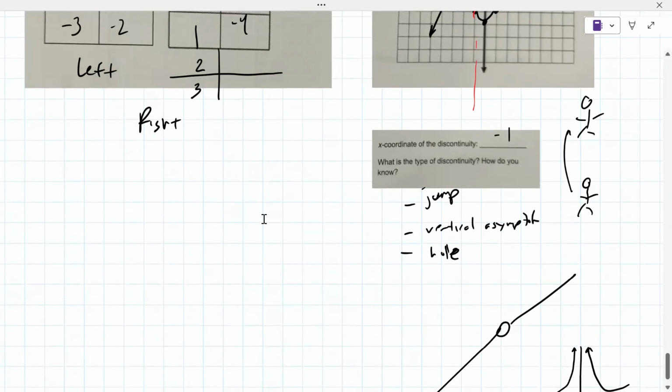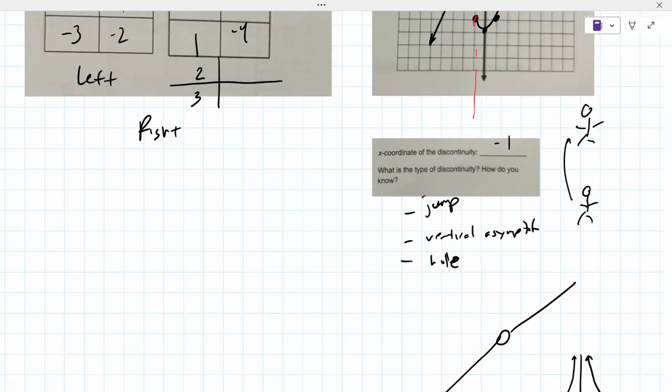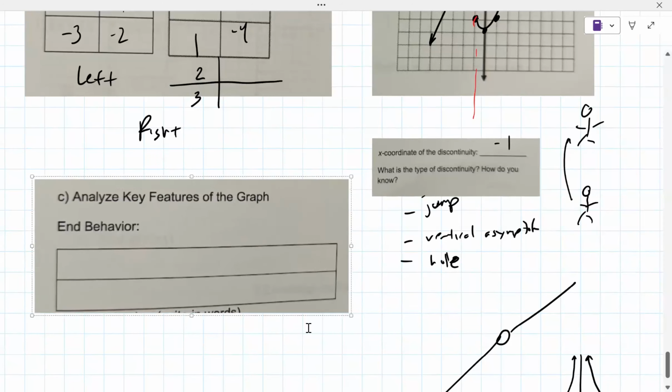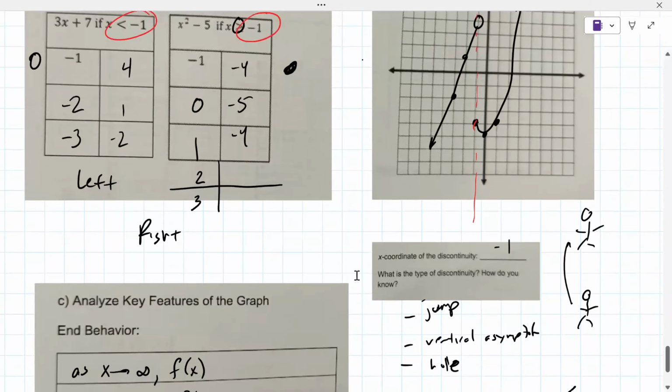So I guess for end behavior, that's domain and range, correct? That's separate. The end behavior is as x goes to positive infinity. So as x goes to negative infinity, f of x is negative infinity or something like that. It depends on the parameter. So x goes to infinity. Let me put a label on it.